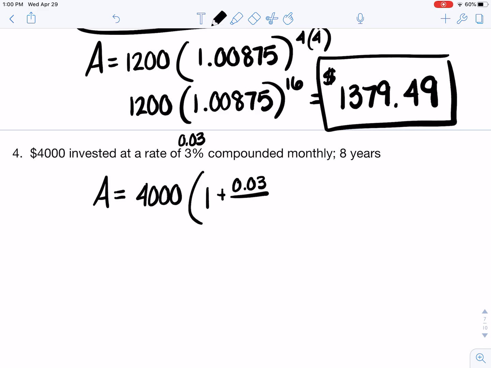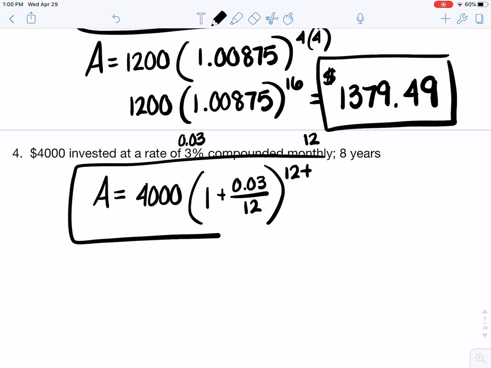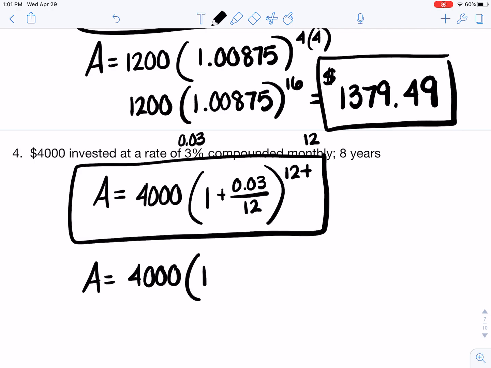All right, compounded monthly, that means I'm going to divide by 12, and this is going to be 12 times t. So there's my compound interest function. Now I'm going to plug in the 8 years. I can do a little simplifying here. 0.03 divided by 12 is 0.0025.